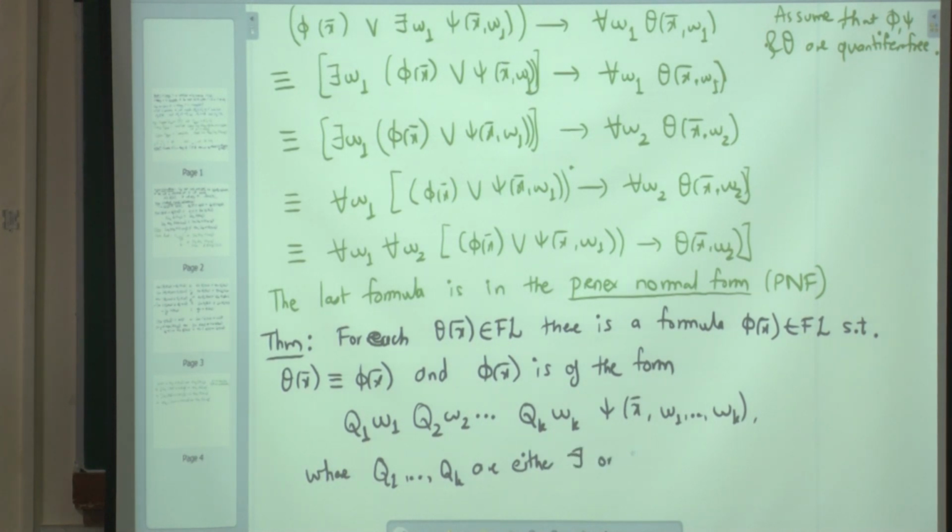I am using Q because it's a quantifier, and psi of x bar and W1, W2 up to WK is quantifier free.